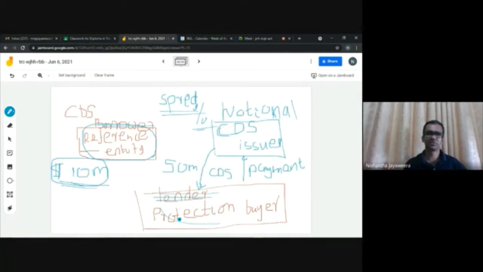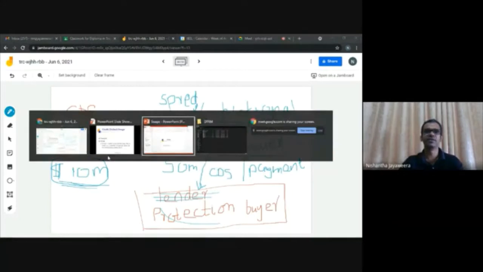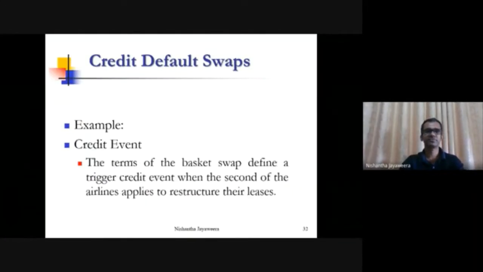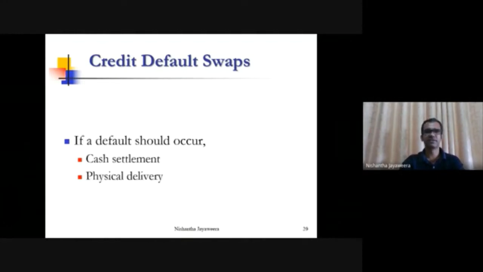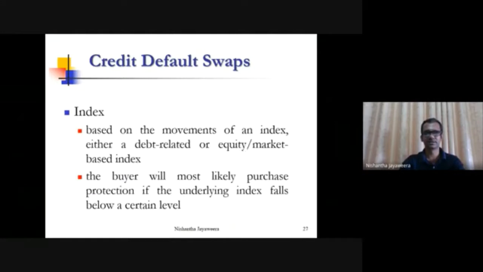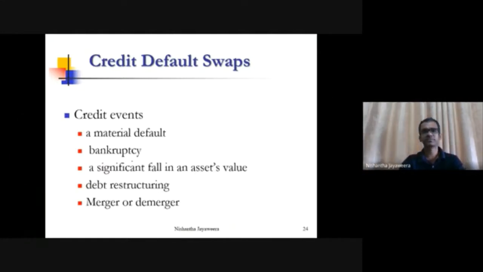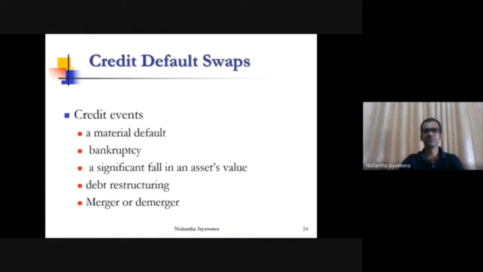So that's the basic concept of a spread. But when we say default, in the agreement there are default events. We call them default events or credit events. It's not just that the other company goes bankrupt. It can be any material default.